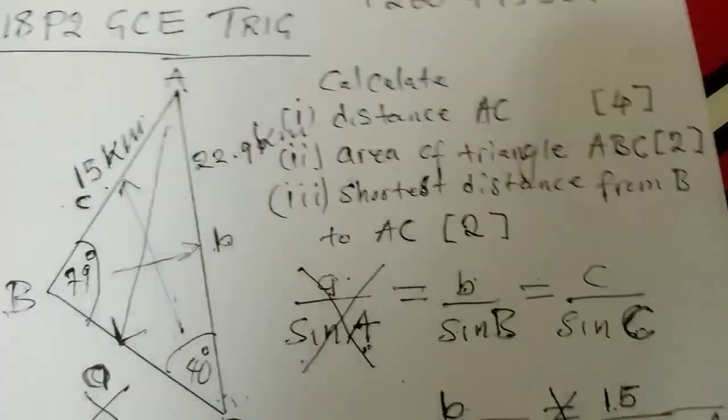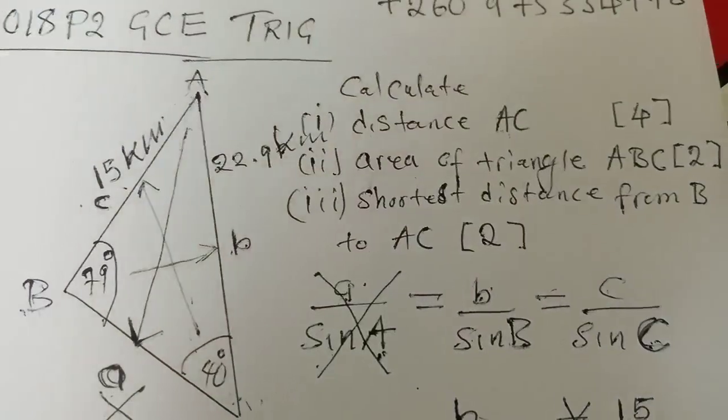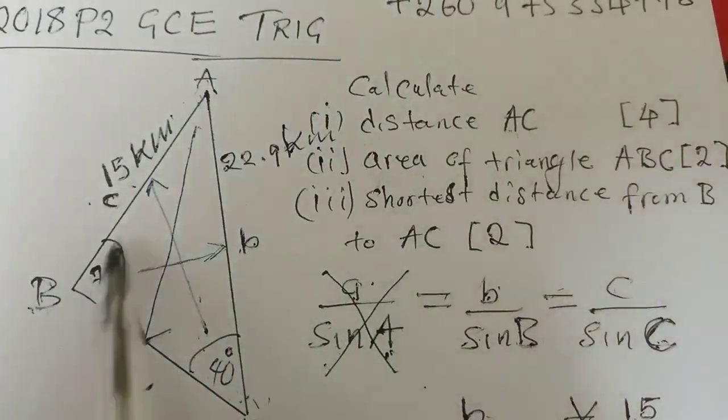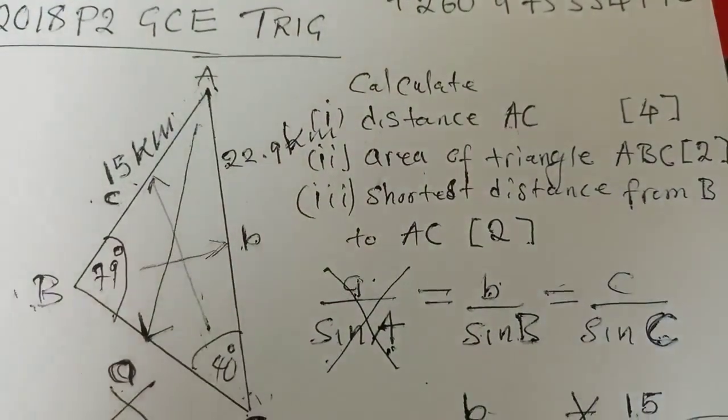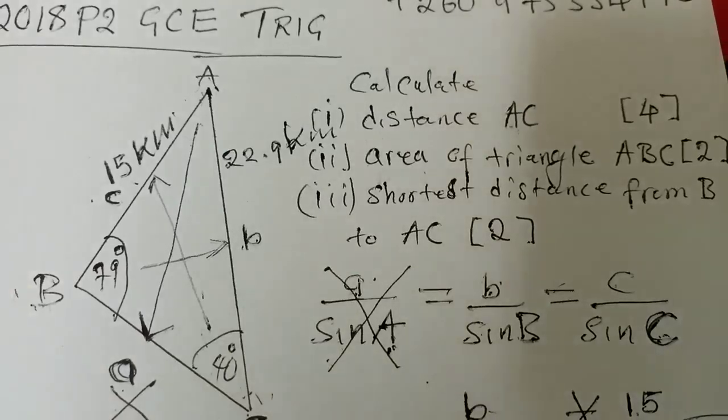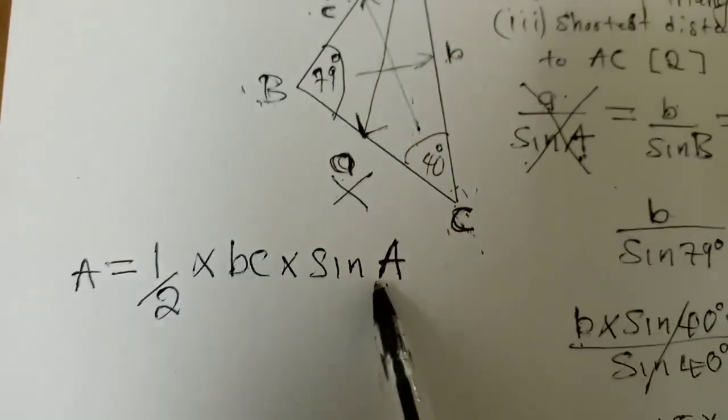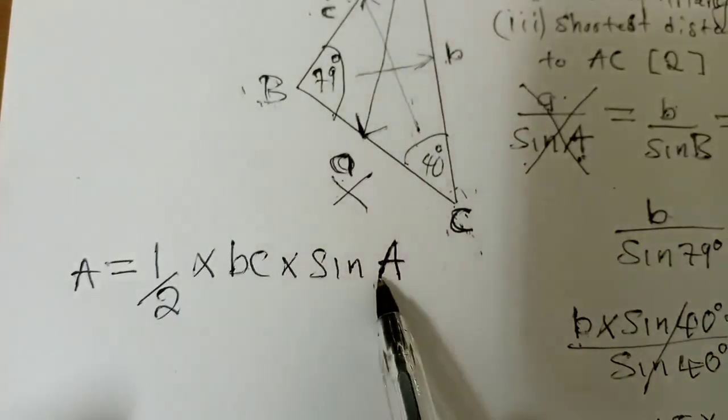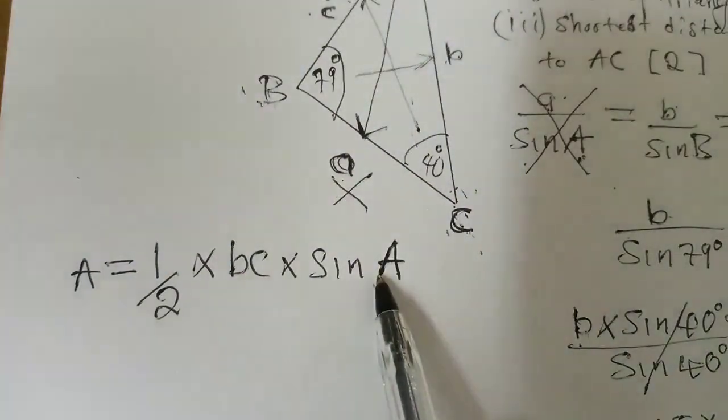They said the area of the triangle ABC. So this A here is the angle that is surrounded by 2 distances.